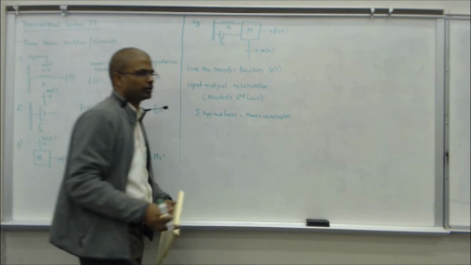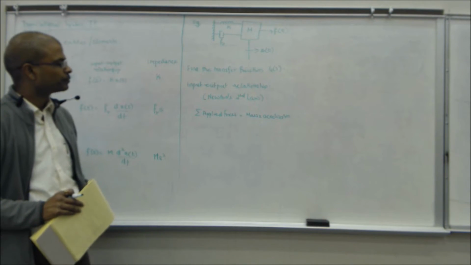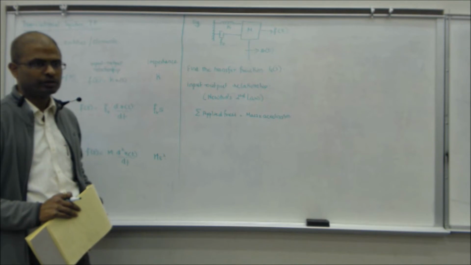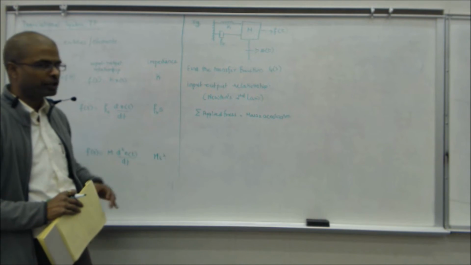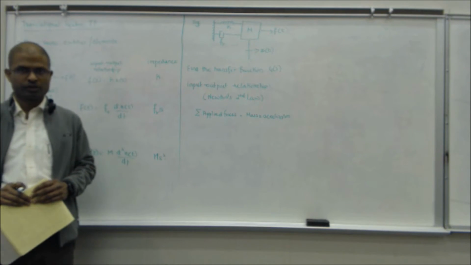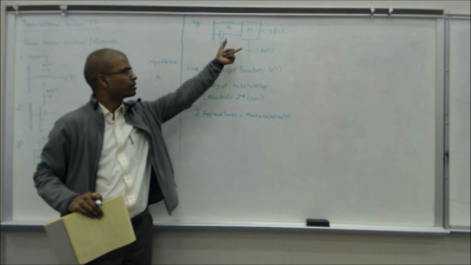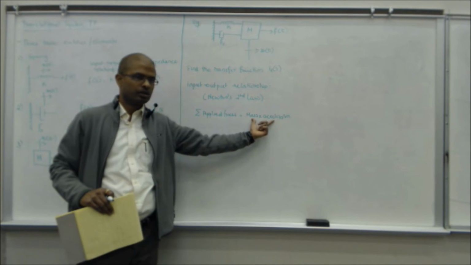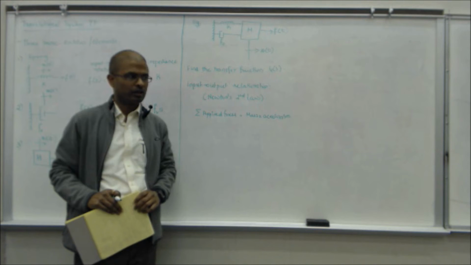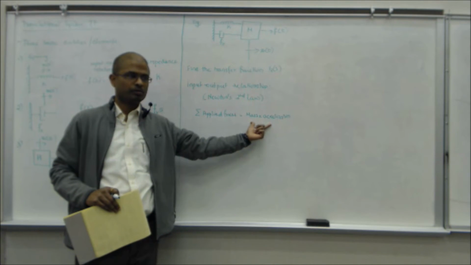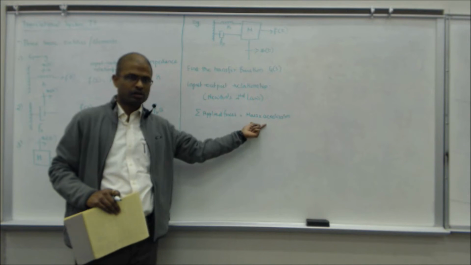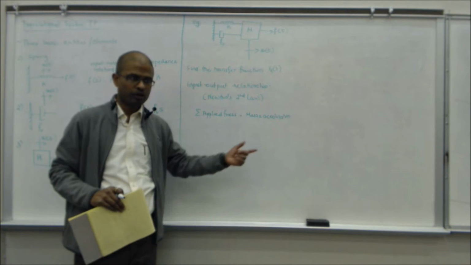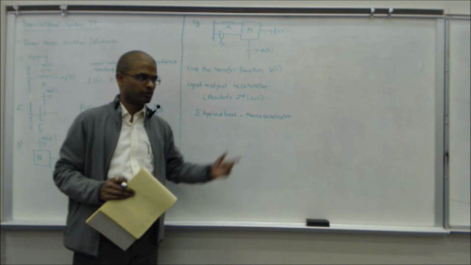So we are assuming an LTI system, right? We talked about LTI system, remember? Linear time invariant system. That means the mass of this system is not going to vary as time progresses. So that is the reason we can use mass into acceleration. Otherwise, the rate of change of momentum would be mass into acceleration plus velocity into change of mass. So that velocity into change of mass goes to 0 because mass is not changing. Okay.